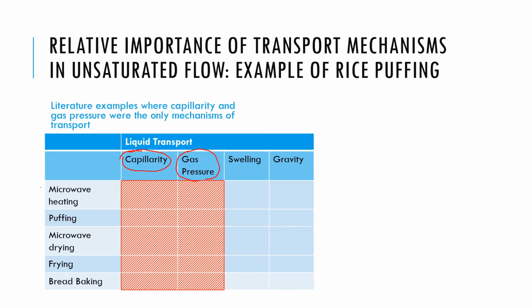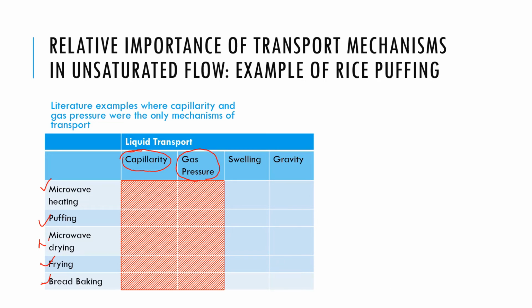For example, for microwave heating of food, puffing of food, microwave drying, and frying, and bread baking. So all of these have capillarity and gas pressure in their formulation, but it is still hard to see from these studies. Unfortunately, there's no report on their relative importance.